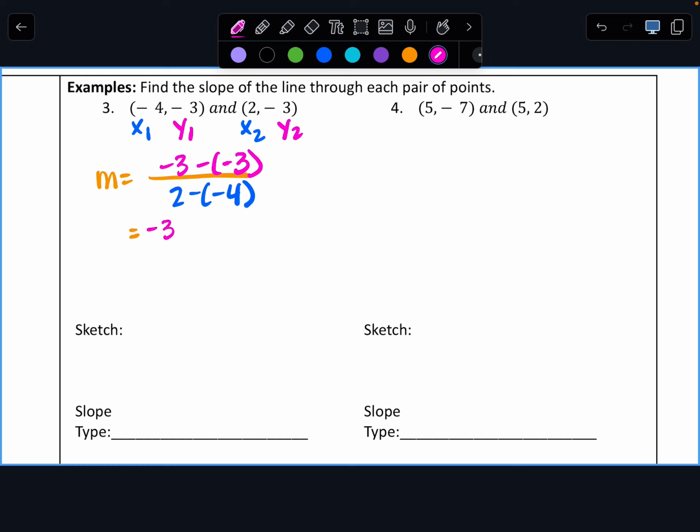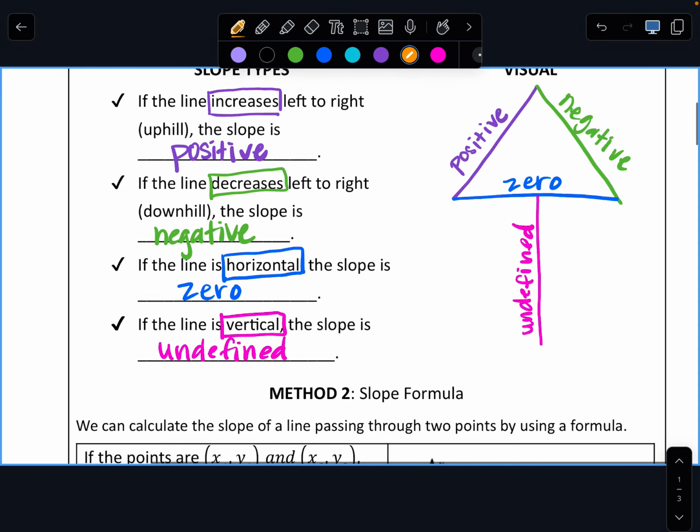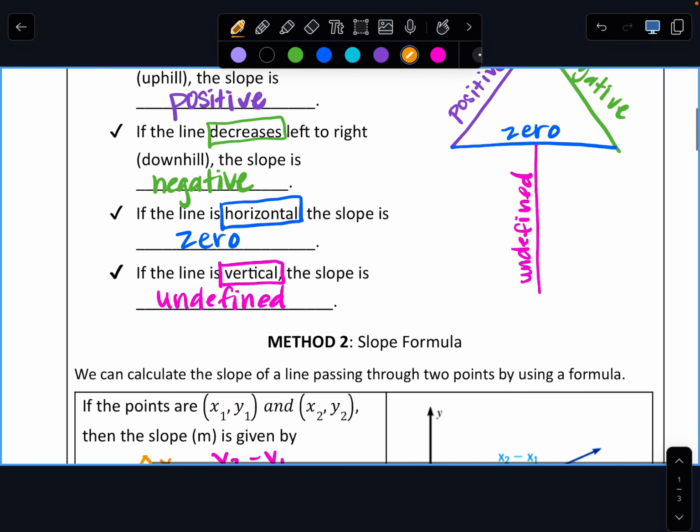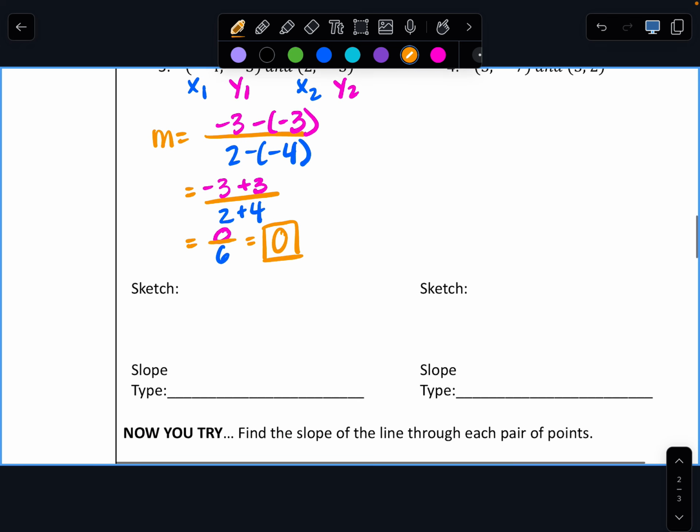This should be negative 3 plus 3 and 2 plus 4, which gives me 0 over 6, or anything, 0 divided by anything is just 0. So my slope is 0. What type of line has a 0 slope? Come back to your reference here. A horizontal line has a 0 slope. So my slope is 0, and this will be a horizontal line.